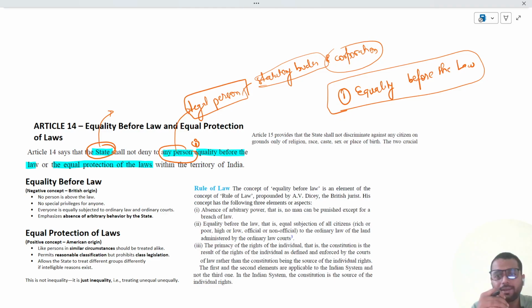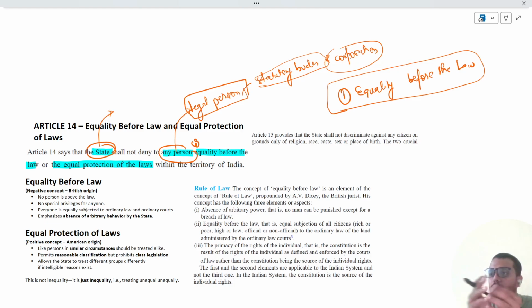Okay. After that, is the domain of equality before the law only this much, that is, no person is above the law, everybody is equal in front of the law, and no advantage or privilege is given to anyone? Every citizen or every person is subjected to the ordinary law and ordinary courts.